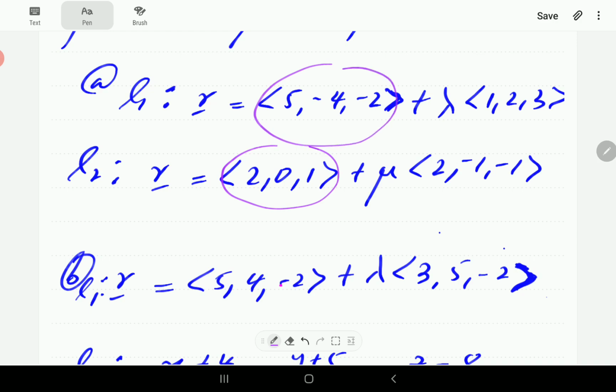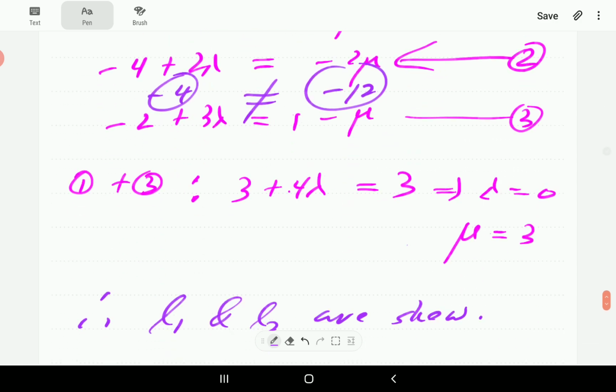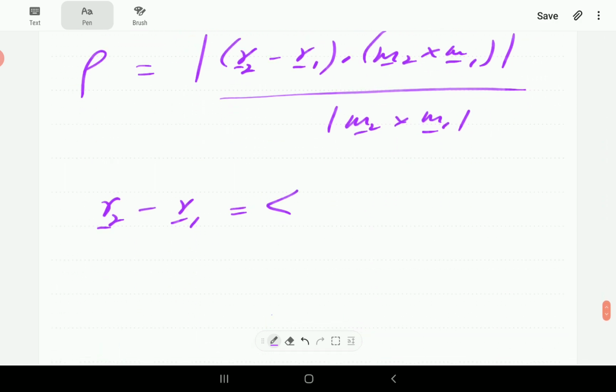Okay, so that's going to be 2 minus 5, which is minus 3, 4, 3. So minus 3, 4, 3. That's R2 minus R1.